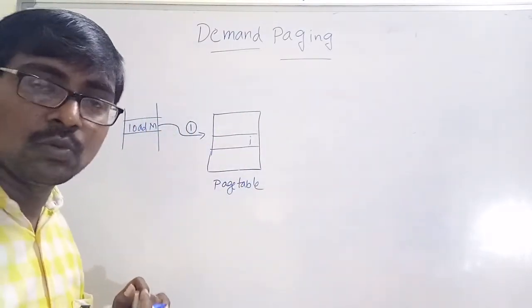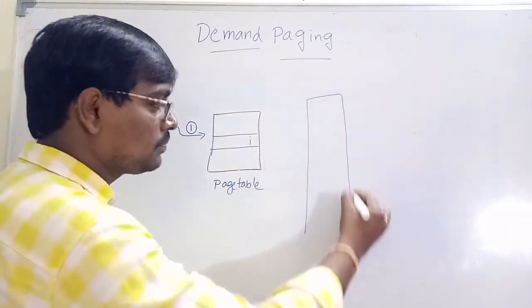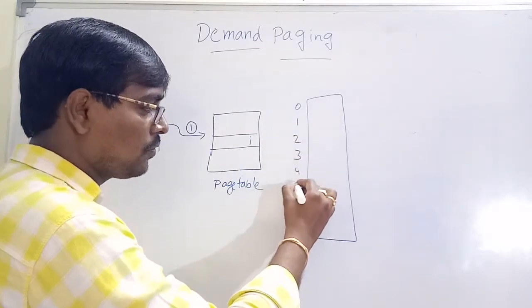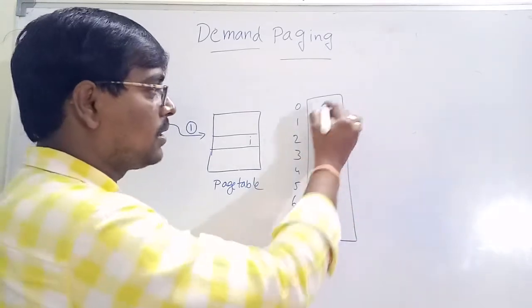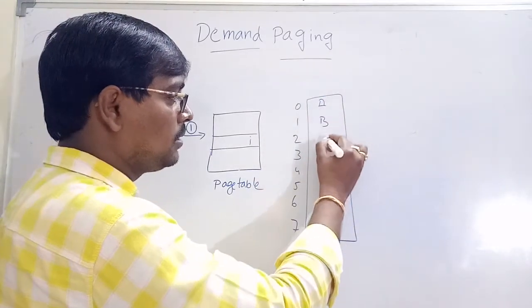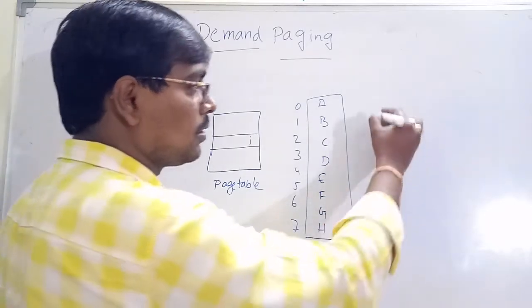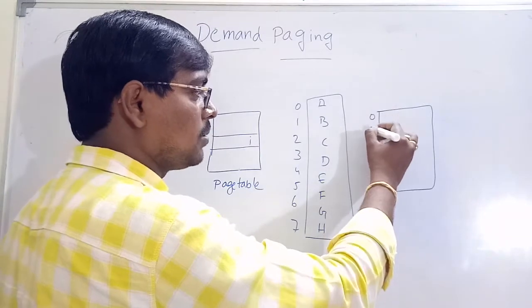Before going to this, I will show you one example. Suppose frames 0, 1, 2, 3, 4, 5, 6, 7 and so on. This is some memory, with pages A and B. Assume this is the page table.